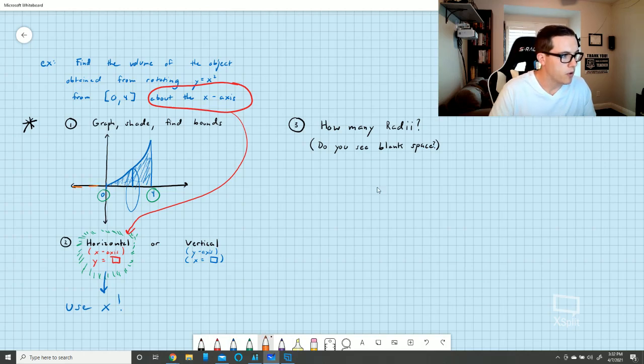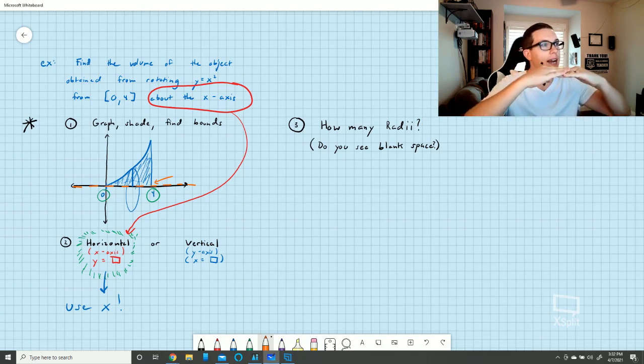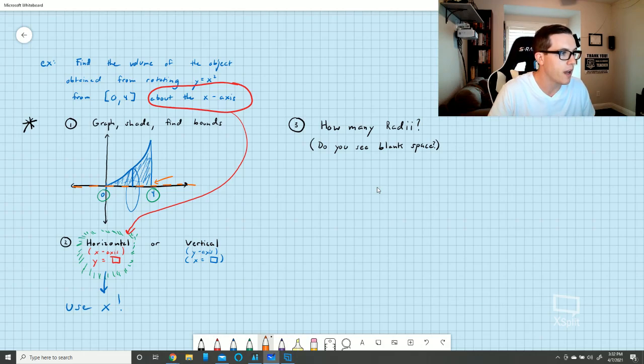So I'm going to go back and put the line right here. The entire shaded region, this blue shaded area, is sitting right on top of the x-axis. There's no space between the two. So the shaded area right here and the line I just drew, the dotted line, there's no space between them. They are touching the entire time. So if there's no space, there is one radius.